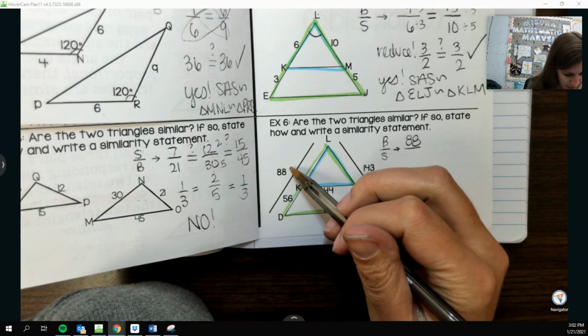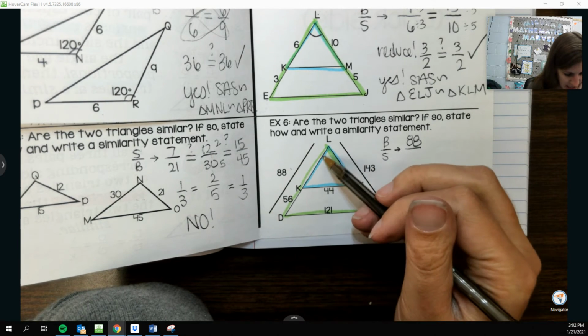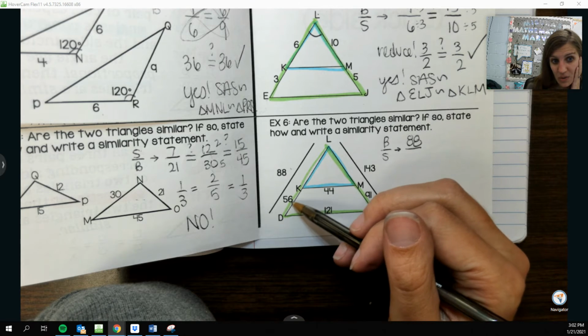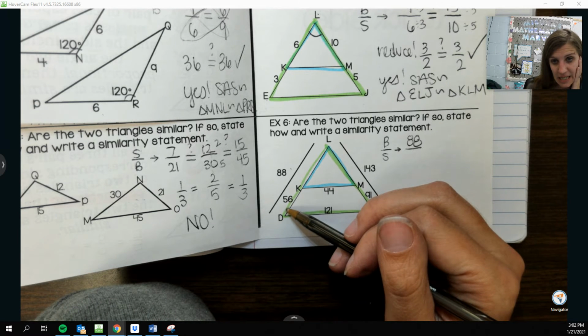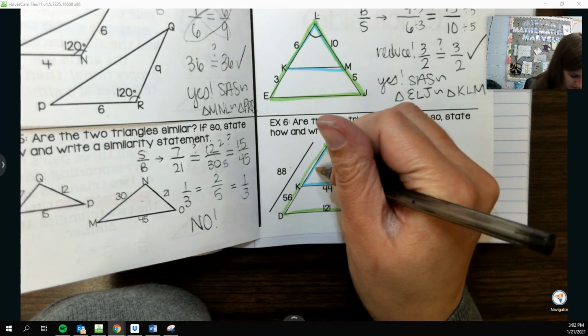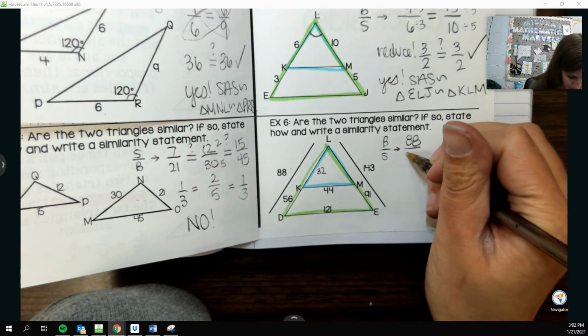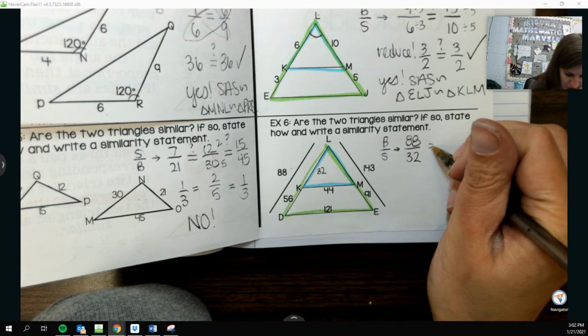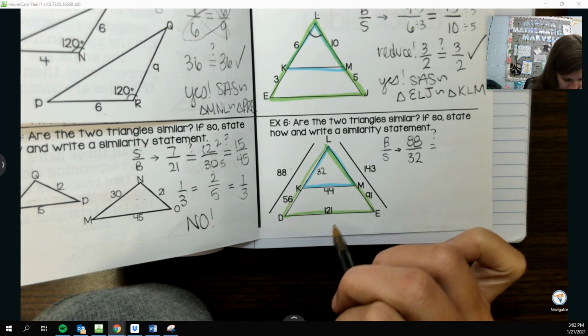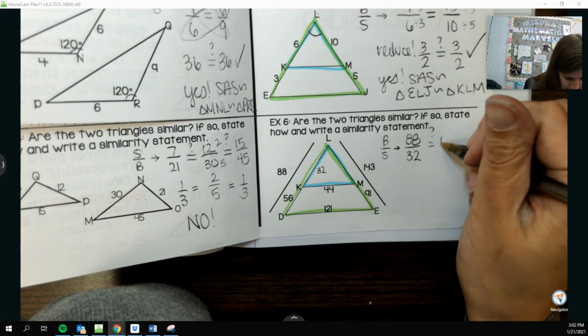That matches up with this side on the blue triangle, which isn't marked, but I do know that this part is 56. So I can subtract the 2 to figure out how big that one is. So that's 32. Then the question is, is that going to be the same as when I go next biggest? So next biggest on the big is 121.